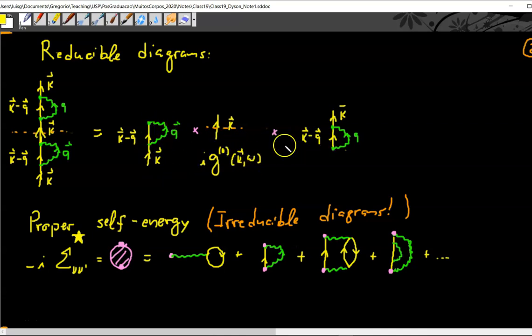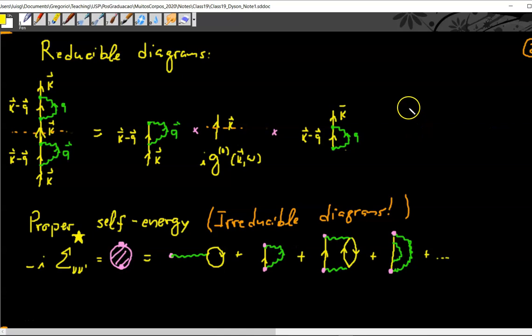But that means that if I strip down these legs, this is essentially a combination of free propagating lines with the momentum k, and this diagram here, which has a line.